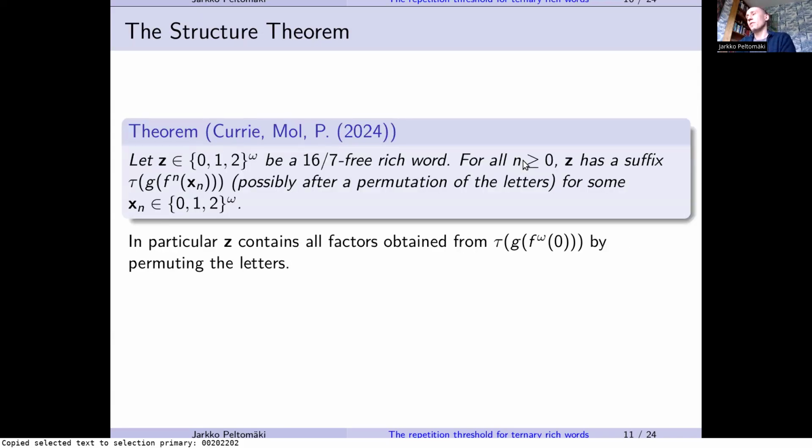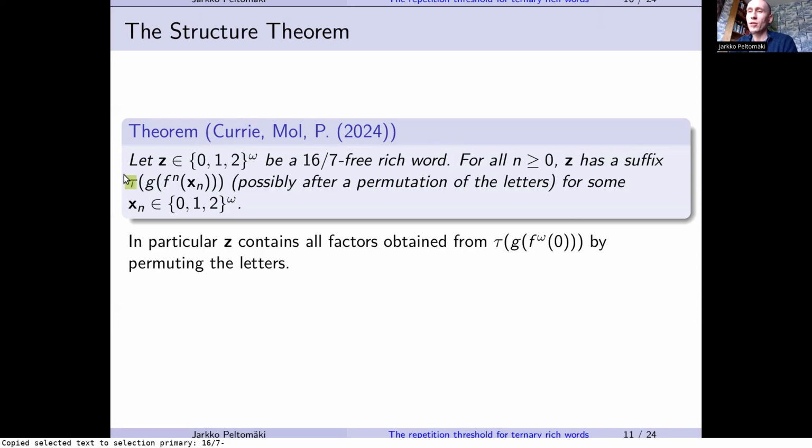And this is the structure theorem. If you let Z be a ternary infinite word, which is first of all rich, and moreover avoids 16/7 powers, then it takes a specific form. What our theorem essentially claims is that after you remove some finite prefix of Z, you can decode it in three steps.